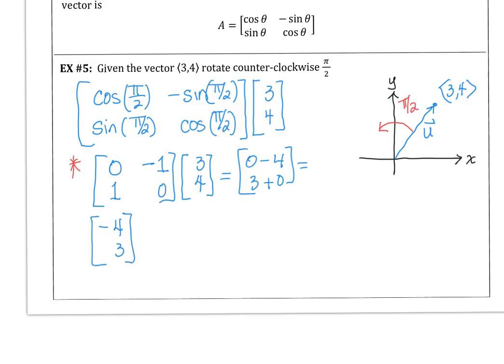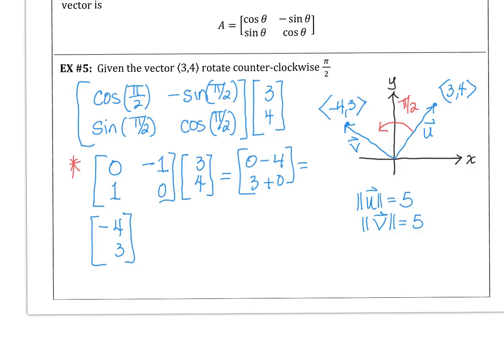And we can sketch that on our graph, go -4 to the right and 3 units up. This is vector v, -4, 3. And we know that the magnitude of vector u is 5. The magnitude of vector v is 5. They're equal to each other.